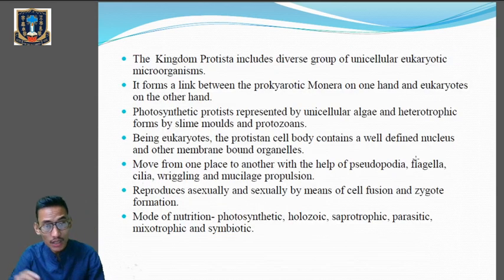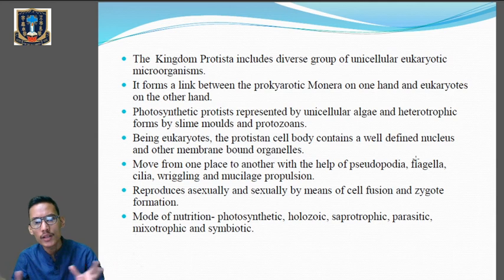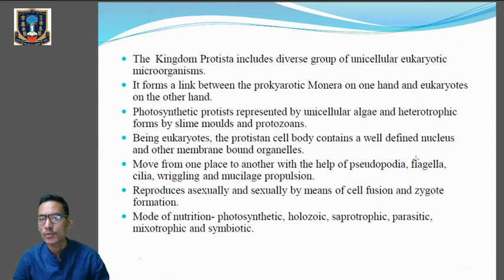The kingdom Protista includes a diverse group of unicellular eukaryotic organisms. But if you remember, the kingdom Monera were unicellular prokaryotic microorganisms.